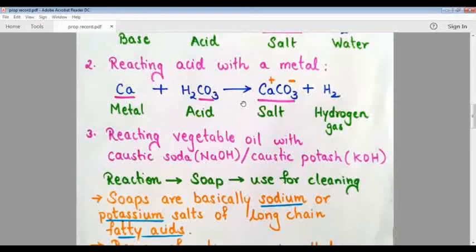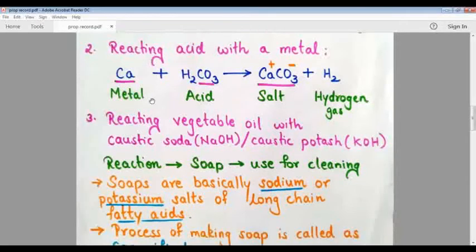Reacting acid with a metal. This again we have seen: whenever a metal like calcium reacts with an acid, that is carbonic acid, it gives you a salt with the release of hydrogen gas. How has the salt formed? When the calcium metal reacts with the acid, it replaces the hydrogen from the acid to form the salt.